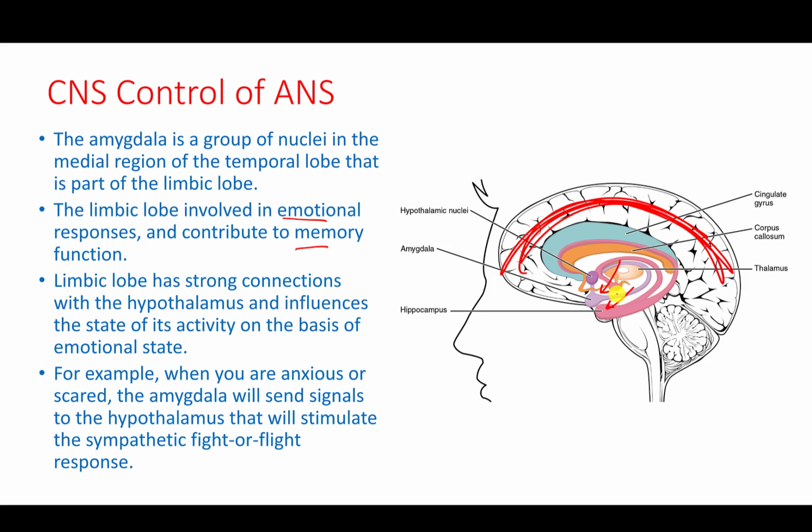This can be all manipulated just based on your emotional state and based on the memory that is engaged or involved in making these decisions. And this might lead to a fight or a flight response.